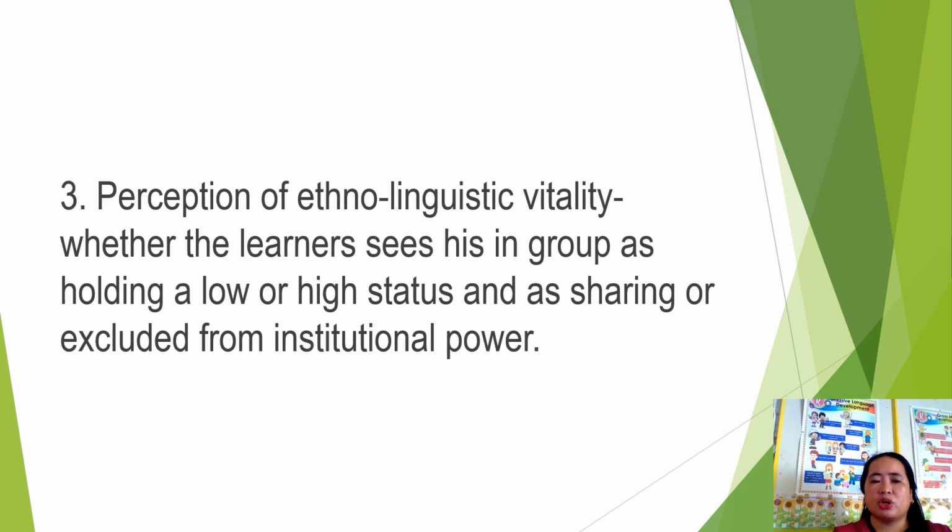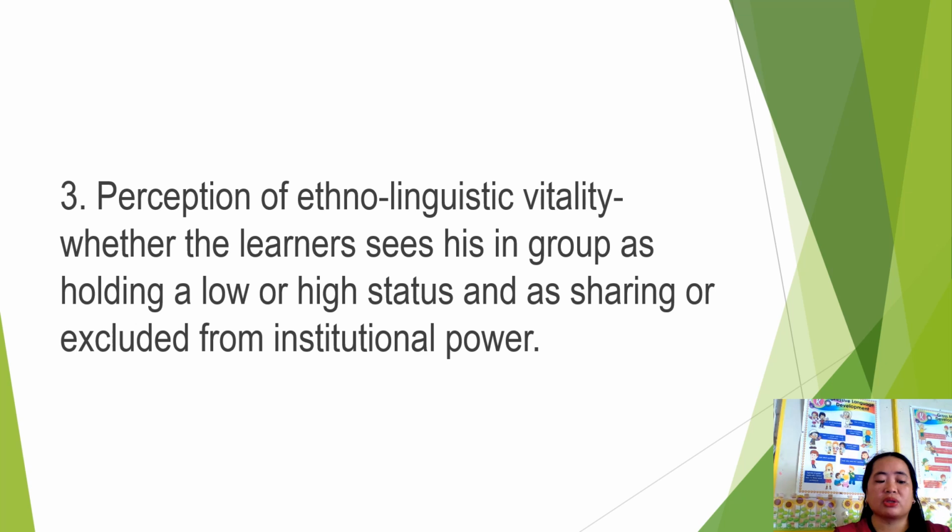Next is perception of ethno-linguistic vitality, whether the learner sees his in-group as holding a low or high status and as sharing or excluded by institutional power. Ethno-linguistic vitality refers to the perceived strength and sustainability of a group's language within a particular society.